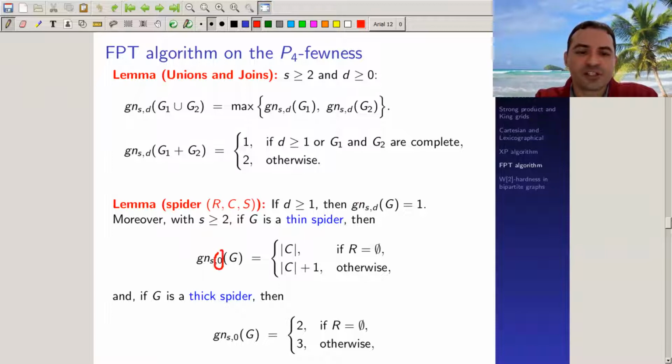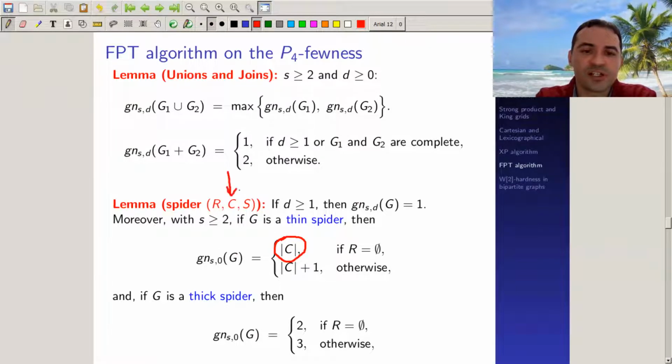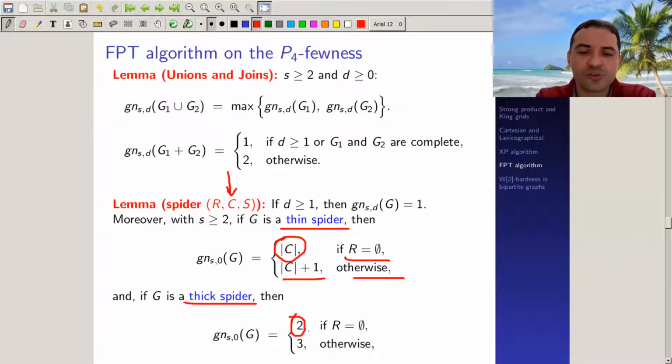If the surveillance distance is 0, it depends on whether it is a thin spider or a thick spider. In thin spiders, it is C, the size of the clique, if R is empty, or C+1 otherwise. In thick spiders, it is 2 if R is empty, and 3 otherwise.